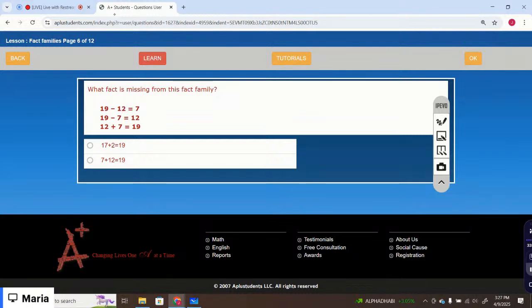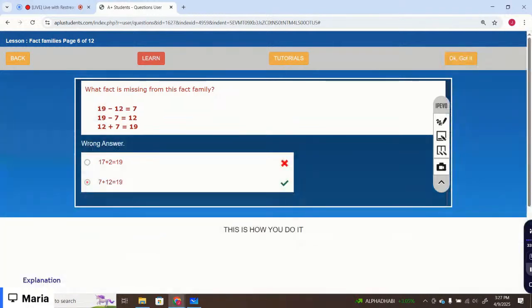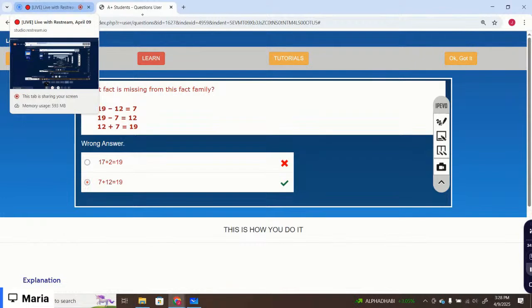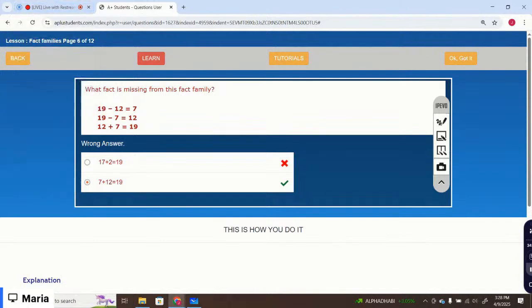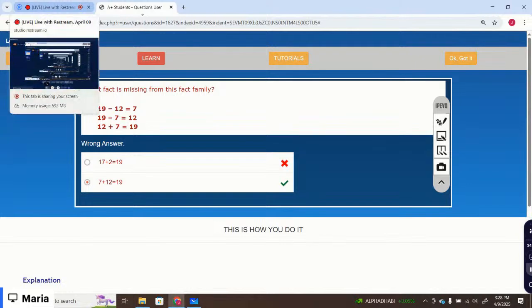That would be 7 plus 12 equals 19. Option number two is the correct option.